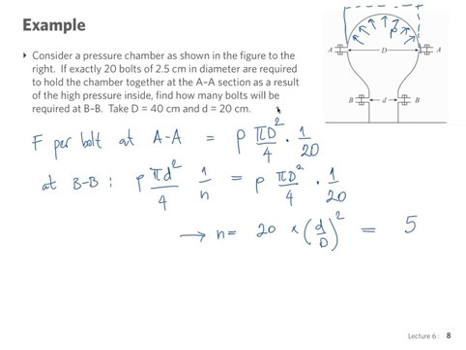We just look at the projected area perpendicular to the resultant here. We're calculating a force equivalent to the pressure that is pulling these two halves apart, right? It's in the vertical direction. So we want the component in the vertical direction, and we can look at the projected surface in that direction.